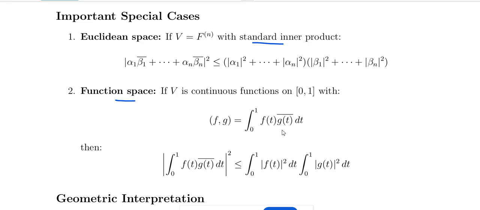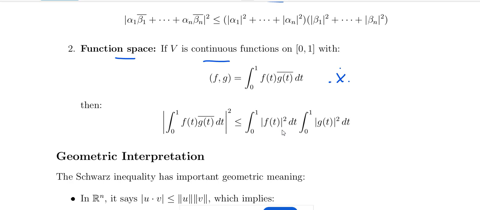And another one, function space, that is V is the continuous functions on 0 comma 1, with inner product defined as integral 0 to 1 f of t g of t bar dt. This is the standard form of the inner product over functions. So then mod of integral 0 to 1 f of t g of t bar dt whole square is less than or equal to integral 0 to 1 mod f t square dt into integral 0 to 1 mod g t square dt.